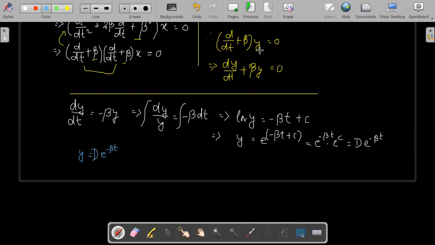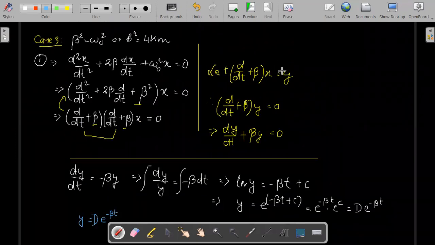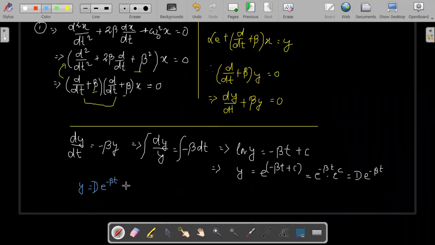What was our y here? This was our y, so we can replace it here, and let's see what happens. If we replace our y, it would be dx divided by dt plus beta x is equal to capital D e to the power minus beta t.